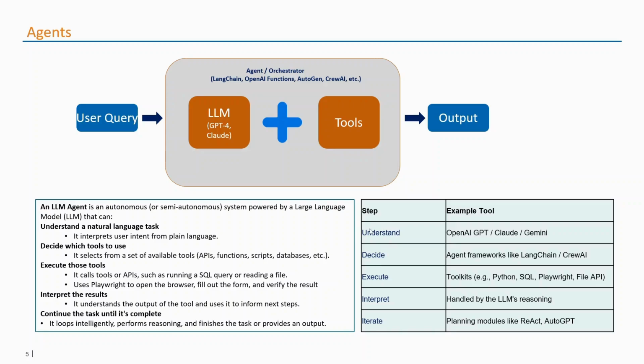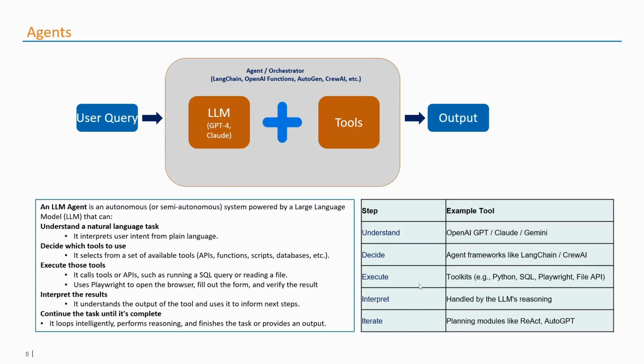On the right-hand side, I have mapped some example tools for each of the steps that an agent does. To interpret the user prompts, it uses tools like ChatGPT, Claude or Gemini, and decides which tool to use. It uses agent frameworks like LangChain or CrewAI.